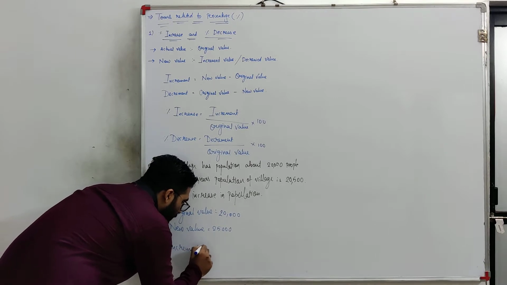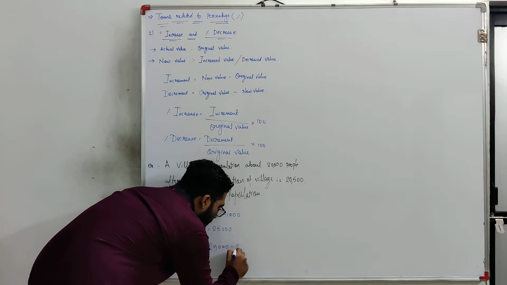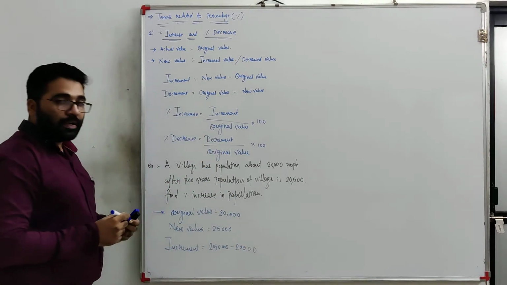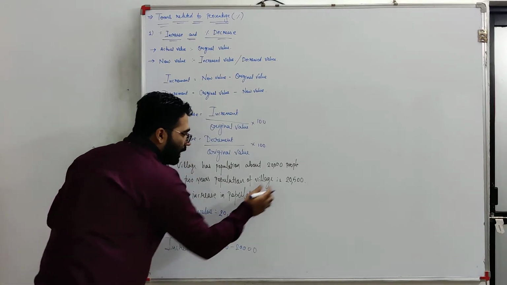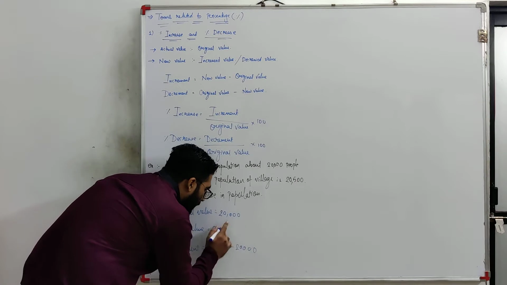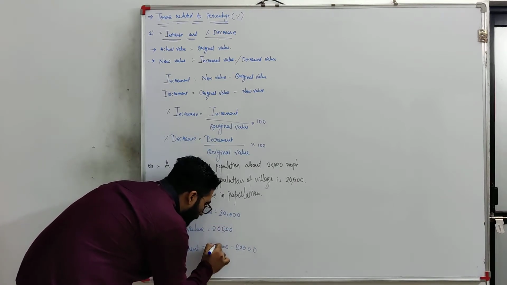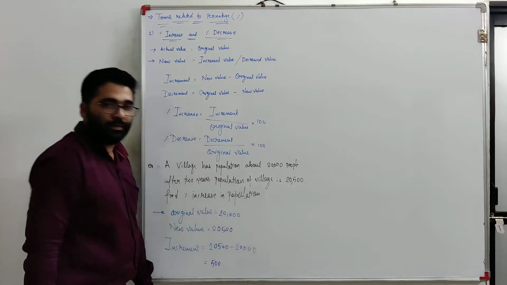Increment is equal to 20,500 minus 20,000, so this becomes 500.